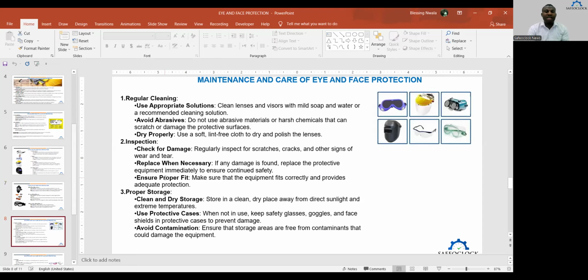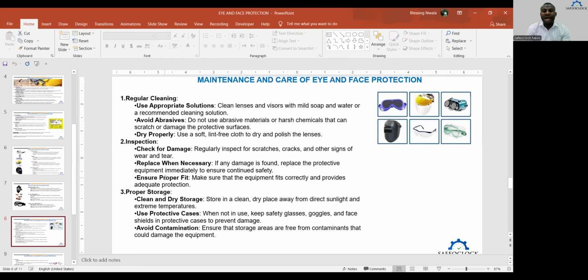So let's look at the maintenance of this eye and face protection, because if it's not adequately maintained, it might not provide the required protection that it was made for. So the first thing that we can do is to ensure regular cleaning.